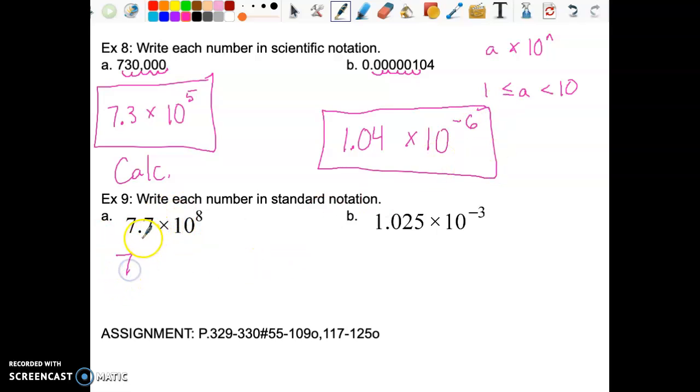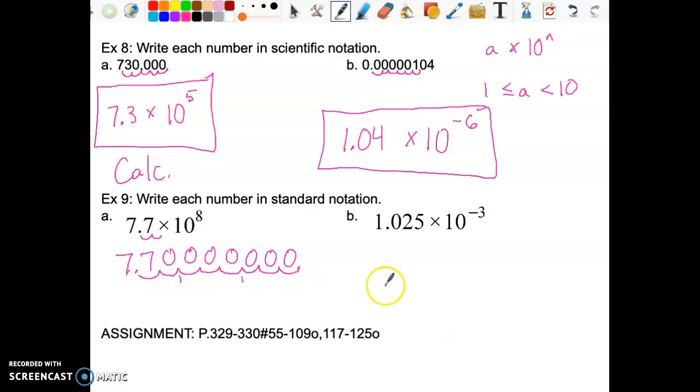Imagine for a second you move, and I've actually seen students put it down 7.7, then count the number of times they move it. 1, 2, 3, 4, 5, 6, 7, 8. So that's going to be our answer. Don't worry about putting in commas. If you wanted to, you'd have a comma there, comma there.